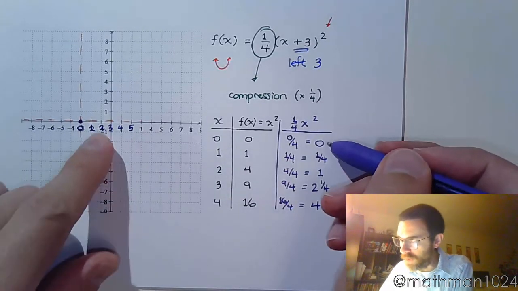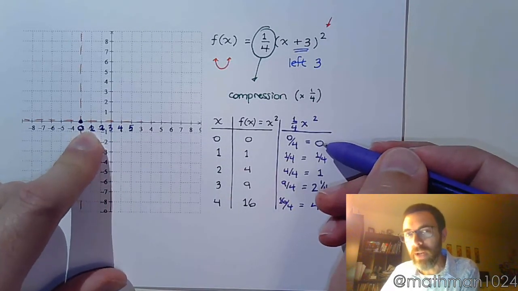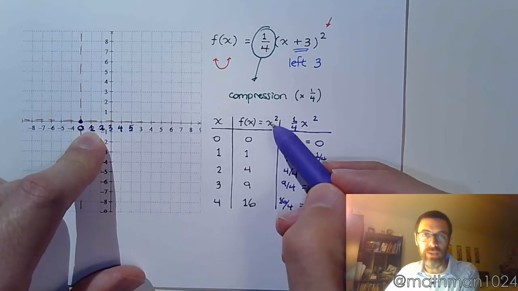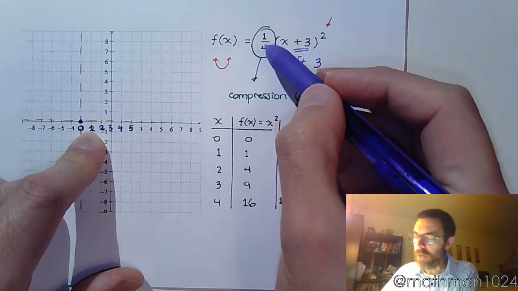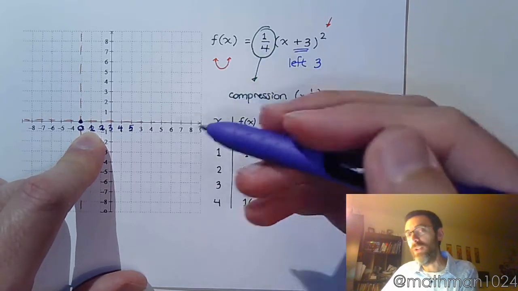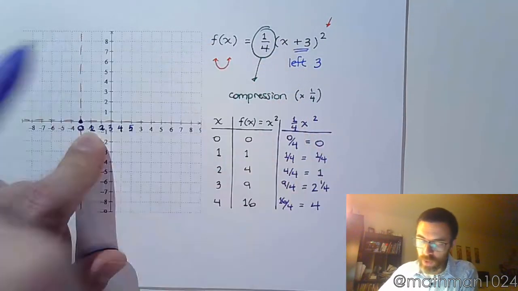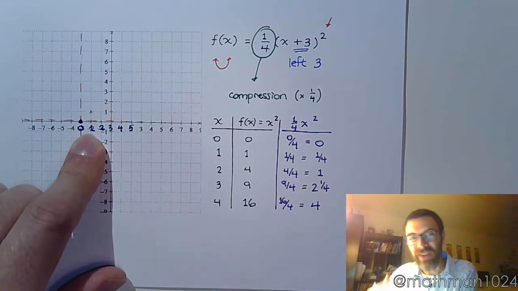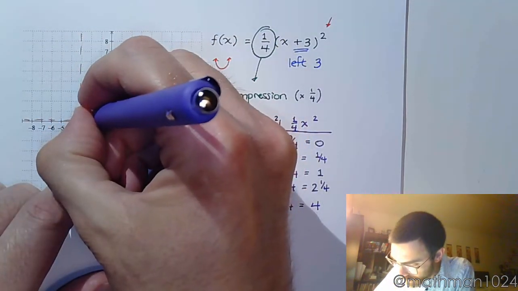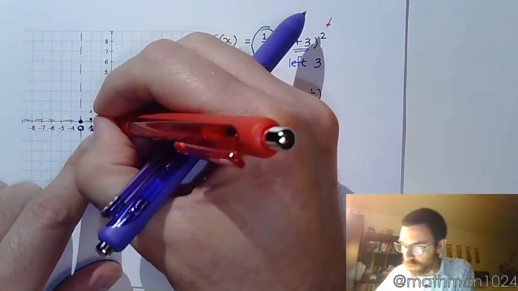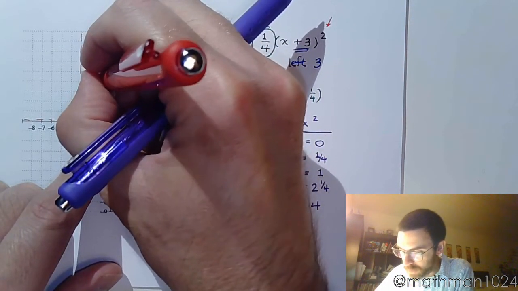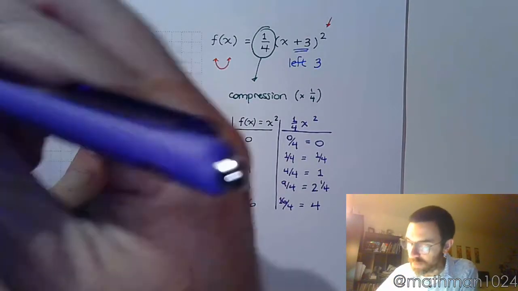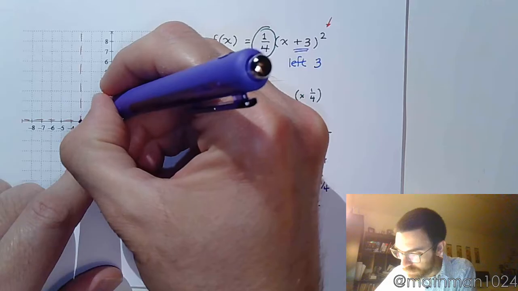So 0 gives you 0. When I go 1 unit out to the right, you got to think about what you're doing here. You're going to square it because it's the squaring function, but then you've got to multiply times 1/4. In other words, divided by 4. So 1 squared is 1, but you're going to divide that guy by 4, so you're going to have 1/4. 2 squared is 4, so you would have been up here, but now that you have that 1/4 factor in front, you do a 1/4 of that and you have 1.